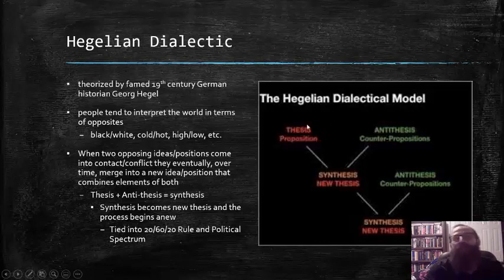Its antithesis is often that conservative position that we were talking about during the political spectrum discussion. The synthesis of those two incorporates elements of both, which ultimately is more liberal than that original conservative position.